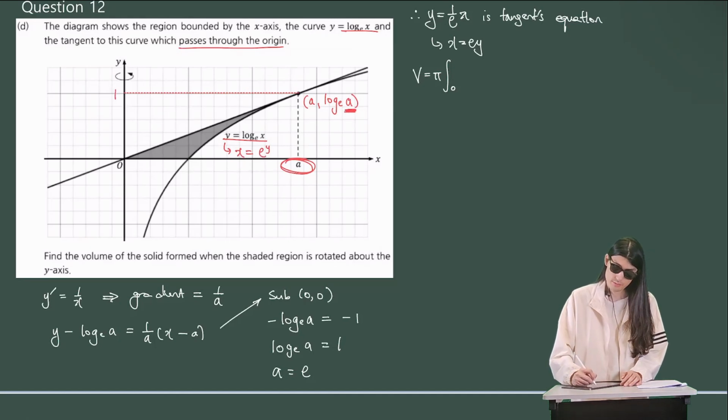So the integral from 0 up to 1 of the upper curve, e to the y squared, minus the under curve, e times y squared, dy.